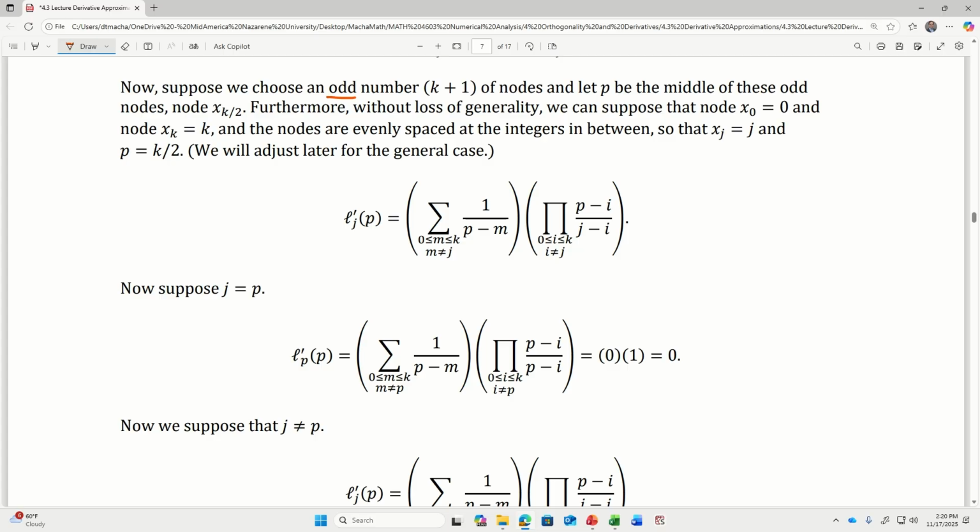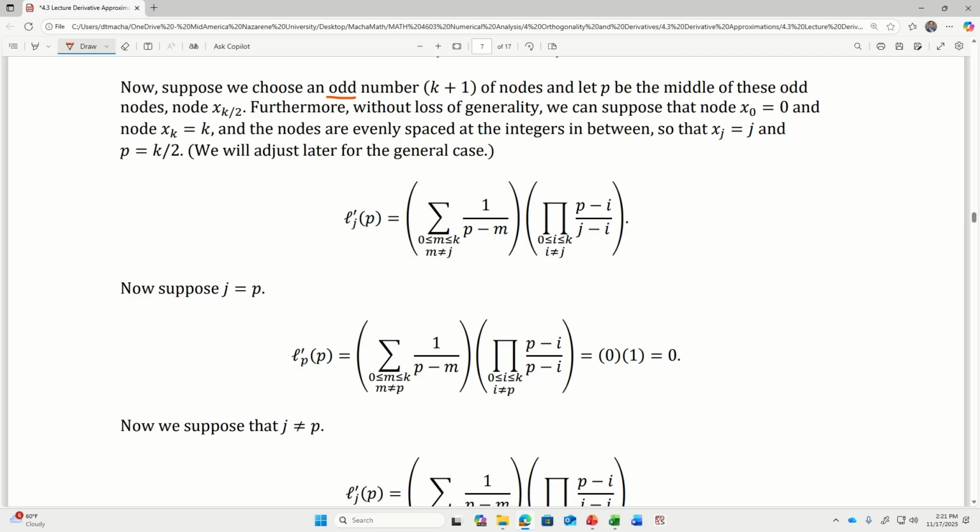Then the middle node is going to be p equals k over 2. When we're done calculating the weights in this special case, I'll show you how to translate this into the general case where we don't have a mesh size of 1. So anyways, replacing the nodes with those integers between 0 and k, this is what it looks like.